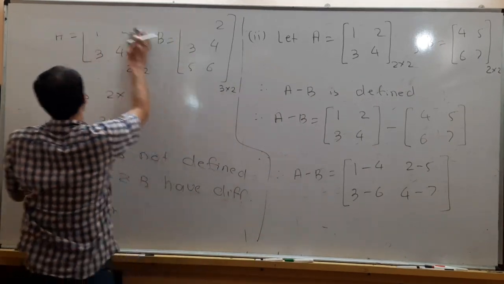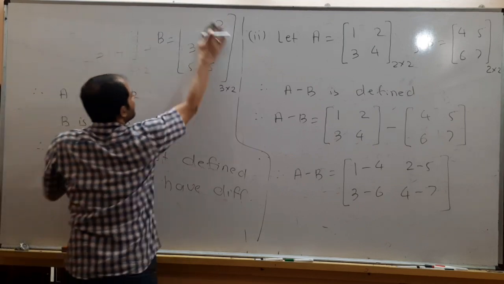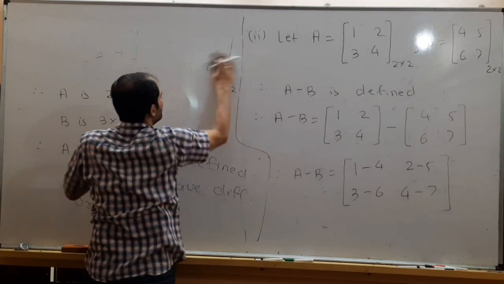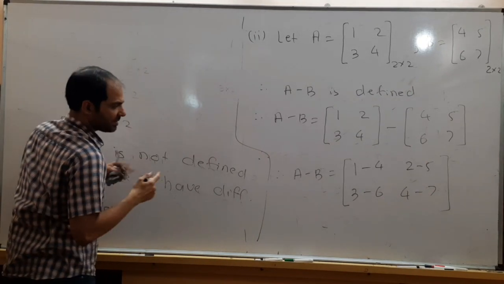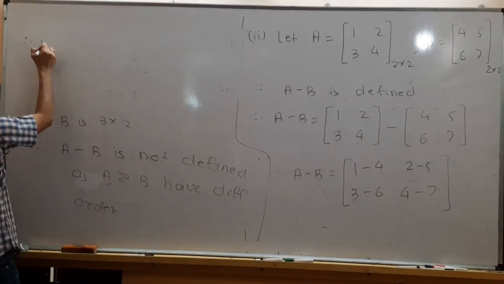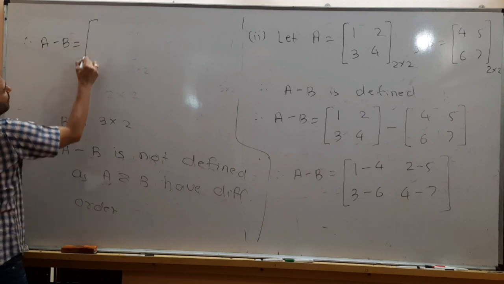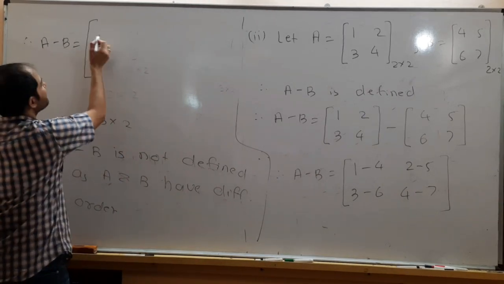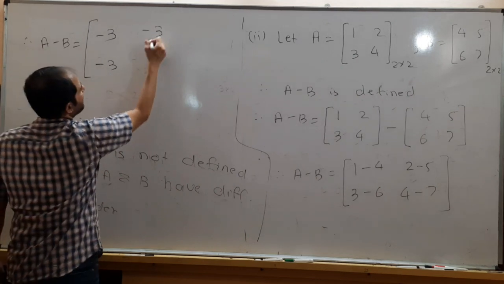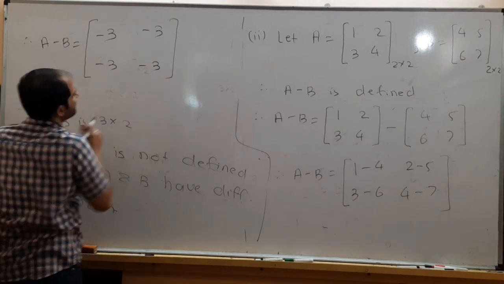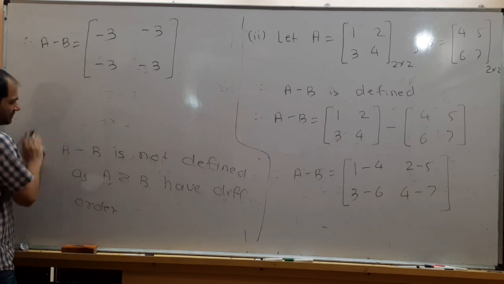So final answer will be A minus B: 1 minus 4 is minus 3, minus 3, minus 3, minus 3. It's easy. That is A minus B.